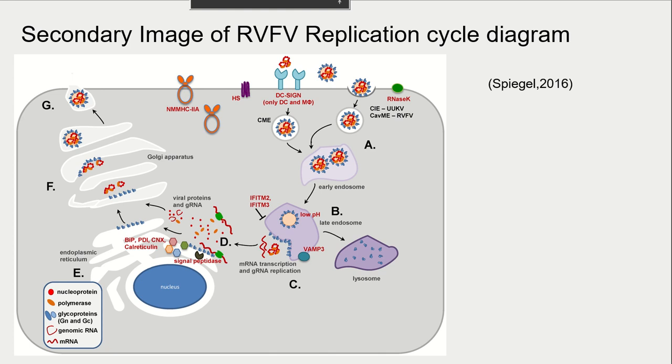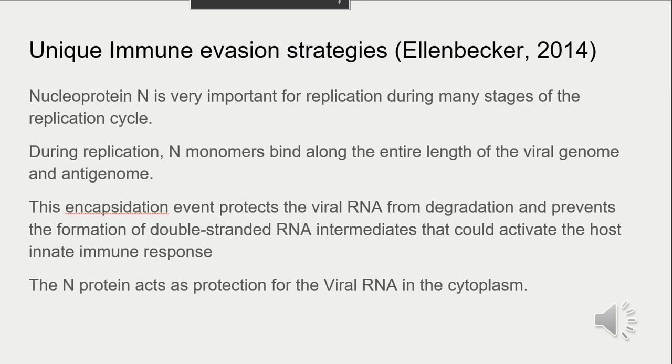This is just another image of the Rift Valley fever virus replication cycle. This one pertains more directly to Rift Valley fever virus, though it also includes other virus replication cycles as well. So the unique immune evasion strategy was presented by Ellenbecker in her 2014 study.